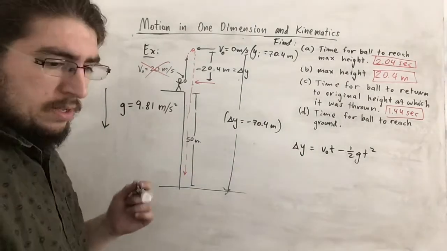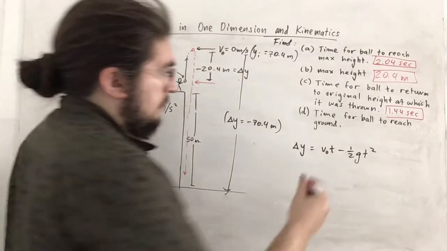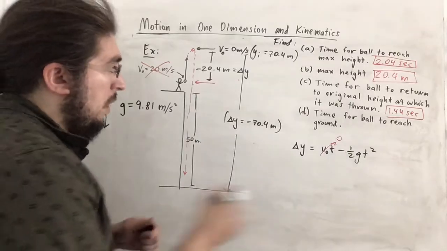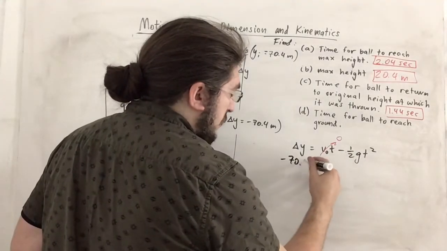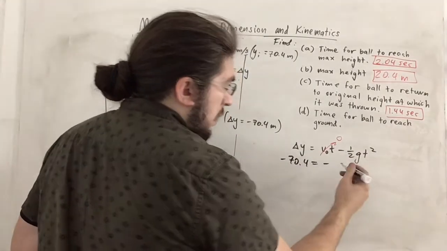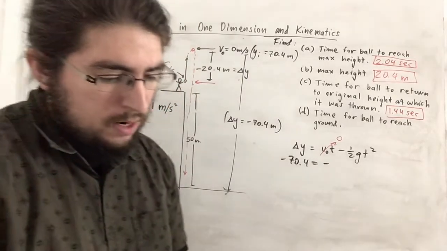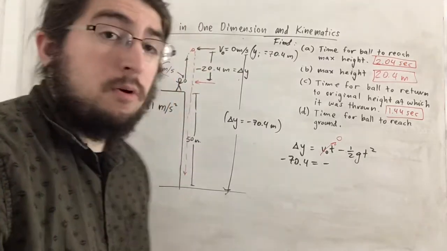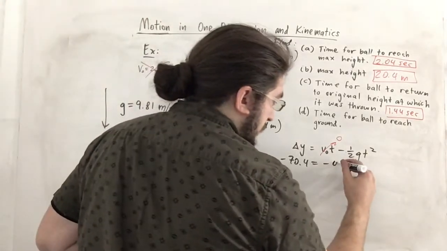But for right now, of course, v naught is 0, so that goes away. Delta y in this case is negative 70.4. Now, since g is 9.81, we can just half 9.81, and we get 4.905.